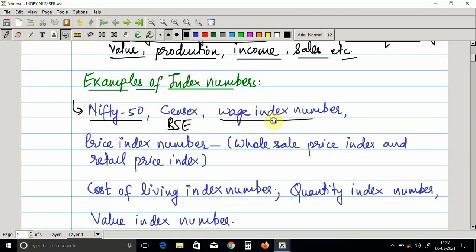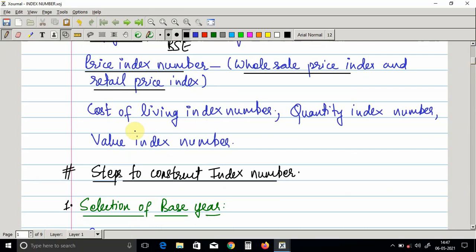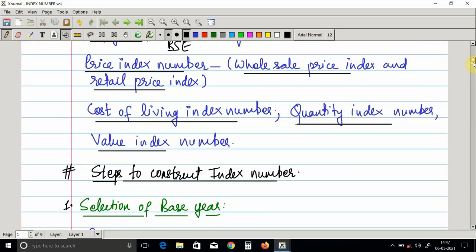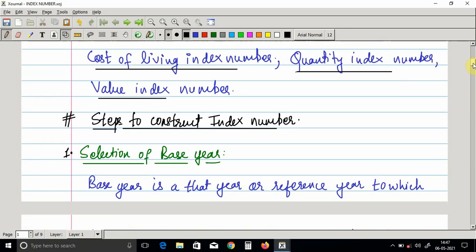We also have wage index number, price index number, wholesale price index number, retail price index number, cost of living index number, quantity index, and value index. I have listed a few examples of index numbers; you will find many more beyond this list.